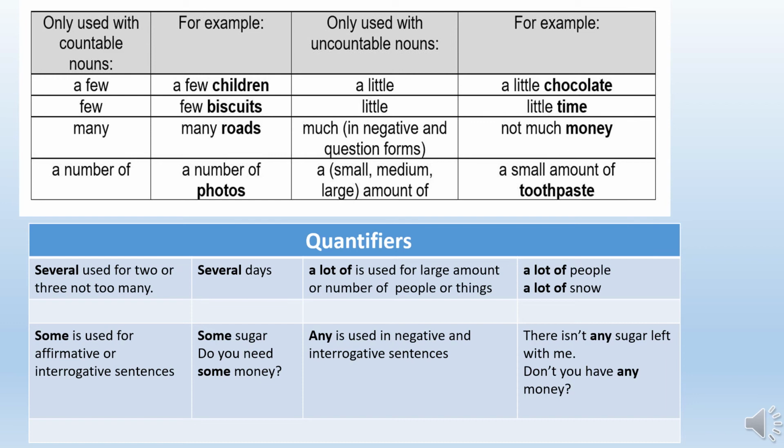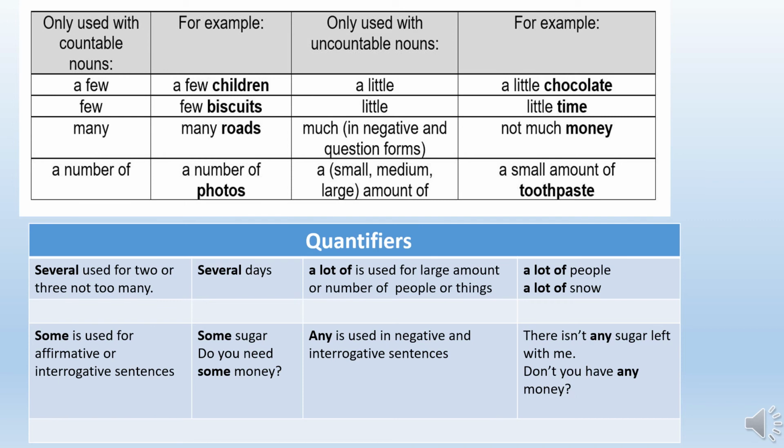He has spent the little money he had saved. Much you can use with negative or question forms. She has much money. Work gives me much delight. Amount of can be a small amount, large amount, medium amount. A small amount of toothpaste.